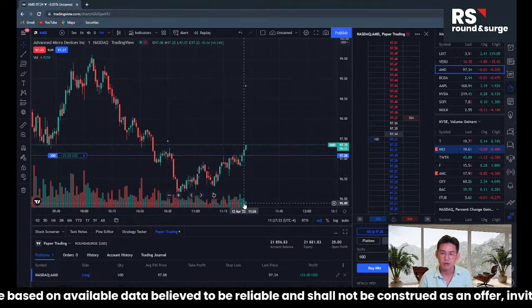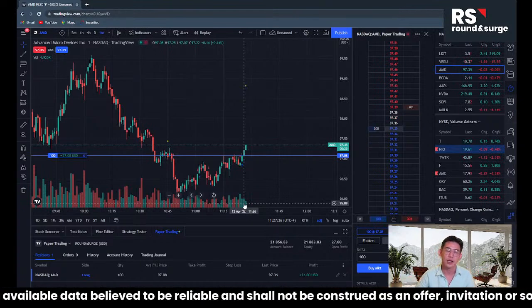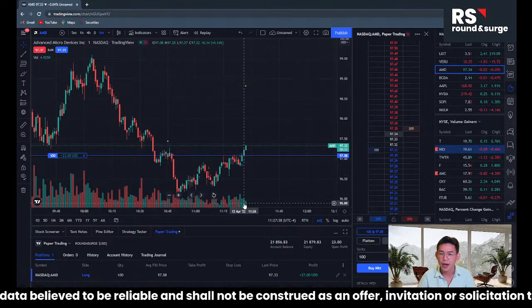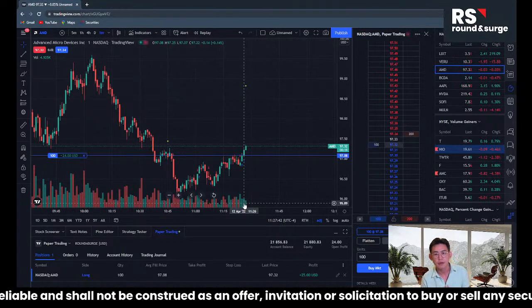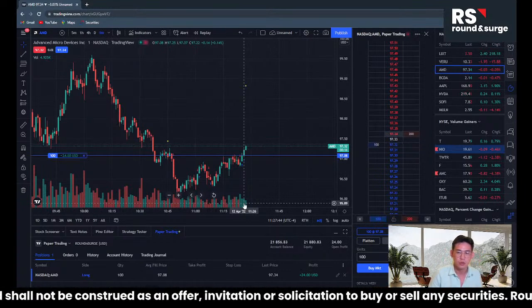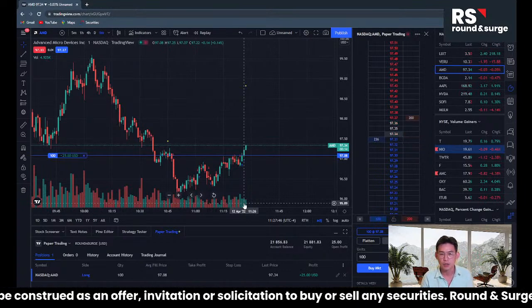It won't be perfect, but to fine-tune it to a point that I can apply it with real money, and then start trading in the stock market and things like that. Okay, so that is the thing here.